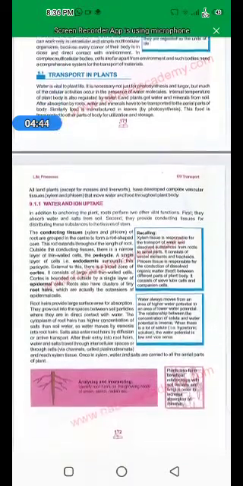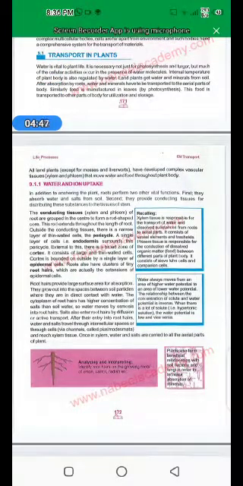Now on the next page, water and ion uptake, we can put a long question: what is the function and structure of roots? It will be a long question. But when we go for the short questions, there are so many short questions which originate from here.